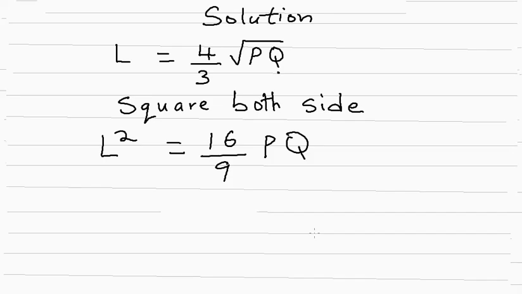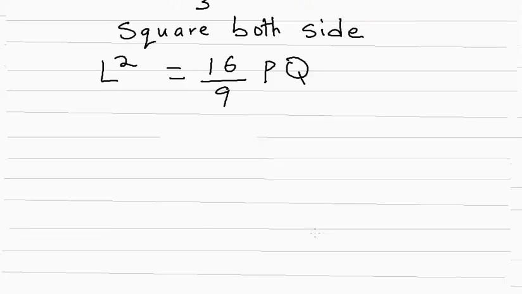Now the next step is to cross multiply. I want to remove this 9 as the denominator. I don't want to have a fraction. In most cases I love cross multiplying, since both sides of the equation are single fractions.